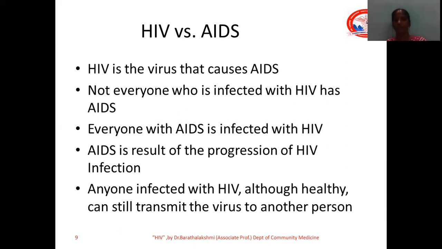Even in the window period, no symptom, no sign, no lab test turning positive, but still active viral replication is going on, and hence he can transmit the virus sexually or by sharing the needle or blood, or if a female, transplacentally to the fetus or through breastfeeding to the baby.